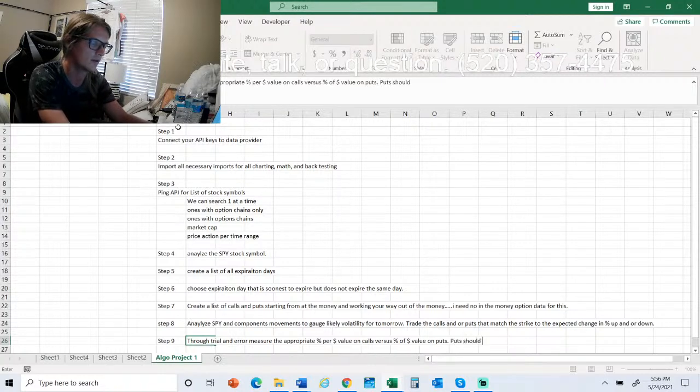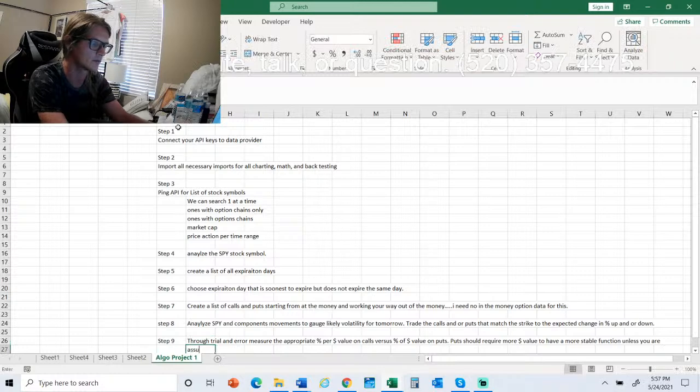Puts should require more dollar value to have a more stable function, unless you are assuming it is much more likely the stock will be bullish rather than bearish.